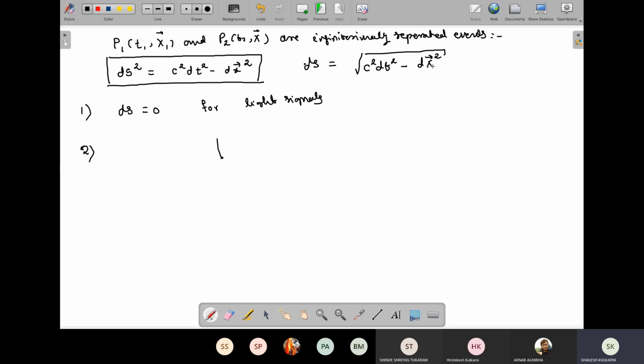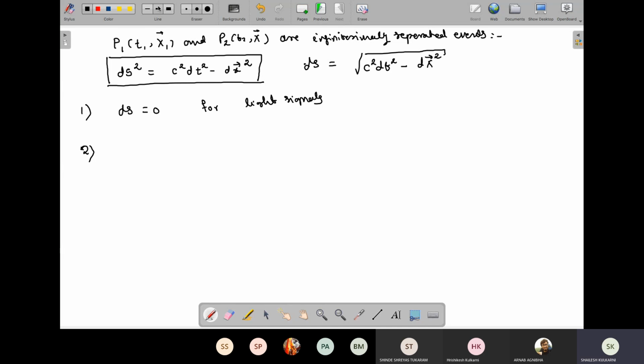That means it is first order in change. And if these two events are about sending and receiving a light signal, then ds equal to 0. This is what we have.